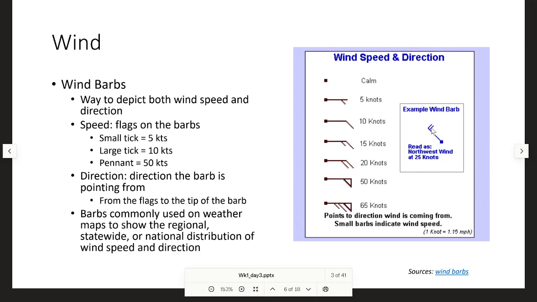So 10 knots, 20 knots, 25 knots. So it's read as a northwest wind at 25 knots. Yeah, so it's not too difficult. And you can read these on a map and know really easily where the wind is coming from and what the general wind pattern in the United States looks like, or whatever country you're looking at.